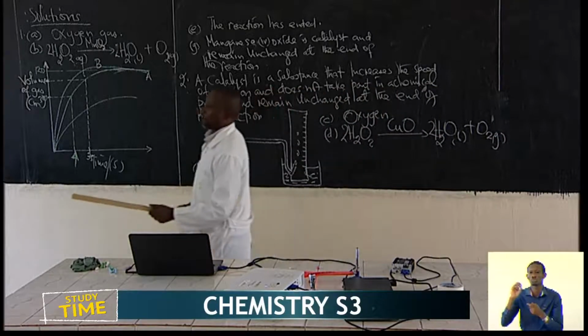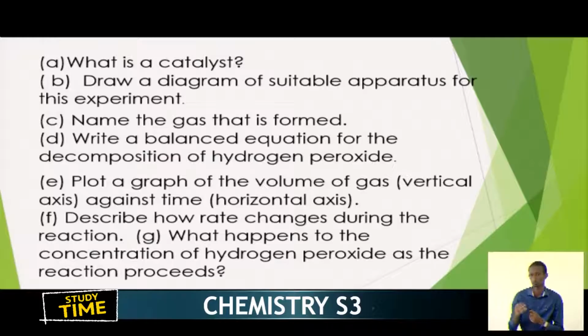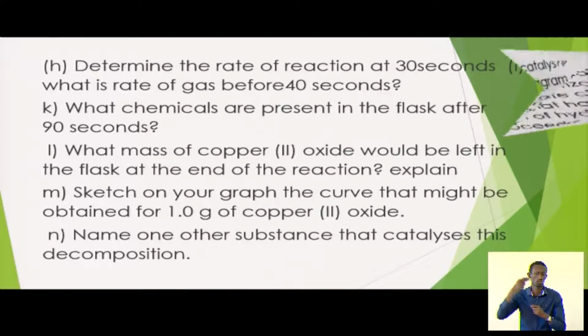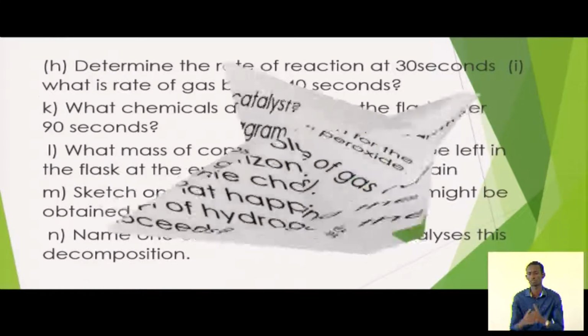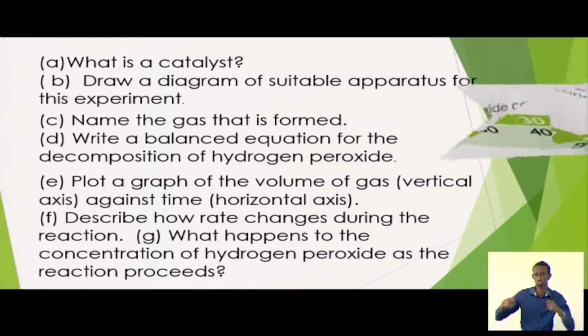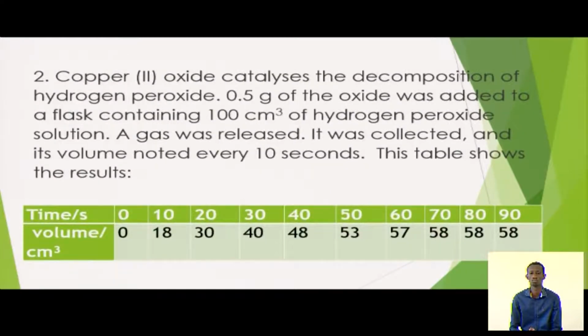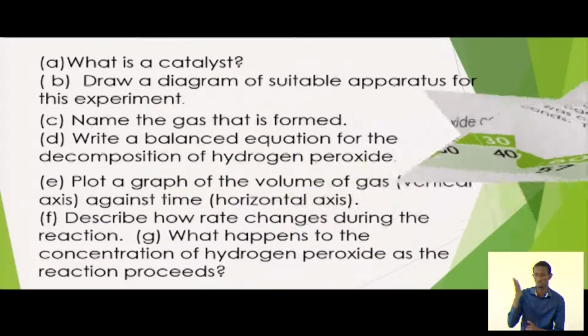And then you have to plot a graph of the volume of the gas. I said you already have the sketch graph of that reaction. Where are we now? The sketch graph is similar to this one.